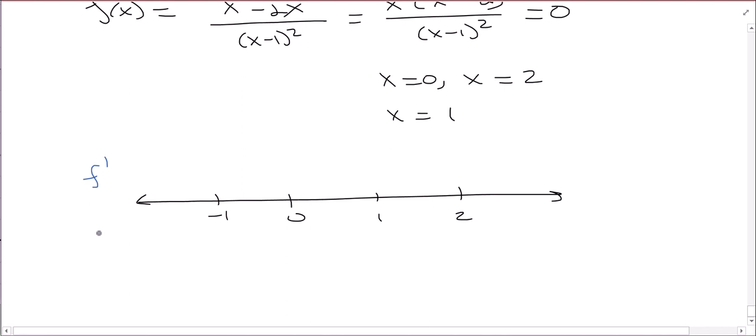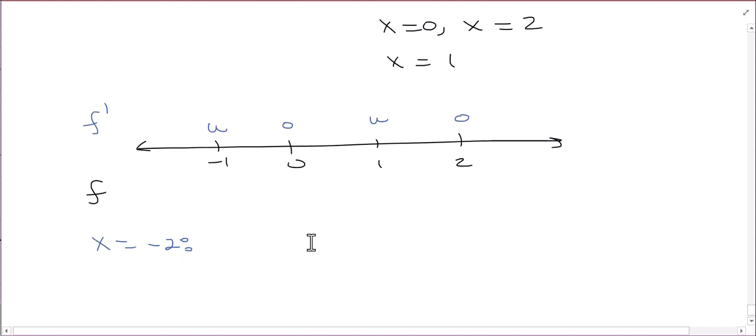So f prime, and we're trying to see what the function is doing. So pick a test point. We can pick something on this side. So you can say x equals negative 2, for example, and plug it in. Let me mark this: it is undefined here, the derivative is 0 here, and it's undefined at those 2 places.